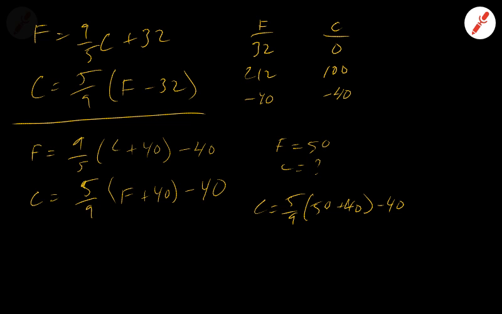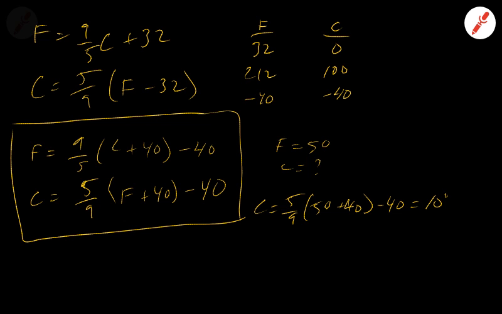And then when you calculate this gives us 10 degrees Celsius. So we can use these, and I find that this particular form is easier to remember, and it comes with kind of the interesting observation that negative 40 is the same in both.